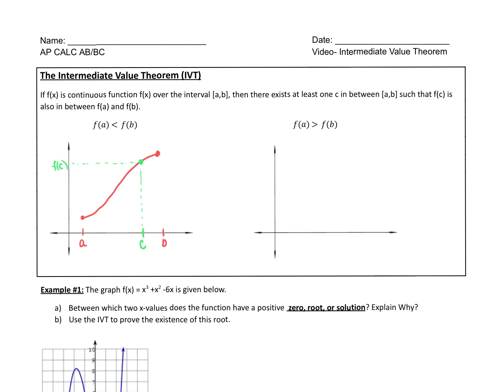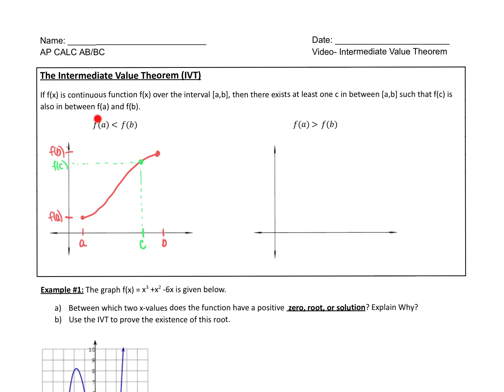So there exists this y value such that it's in between f of a and f of b. Well, f of a is nothing other than the y value when x is a, and f of b is the y value when x is b. So they're basically just saying there's going to be an x value in the middle that has the y value that's also in the middle somewhere.